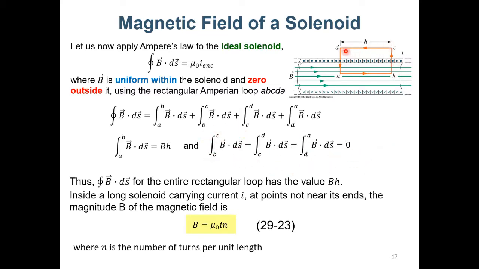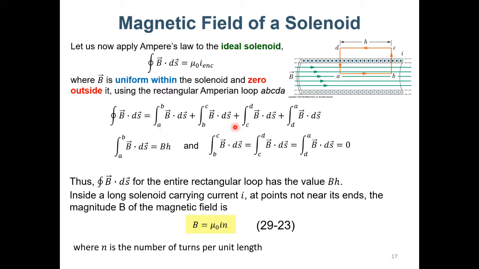And also for C to D, because we assume the magnetic field outside is 0, this one is also 0. And from D to A, similar to from B to C, this one is perpendicular to the magnetic field inside the solenoid, so this is also 0.